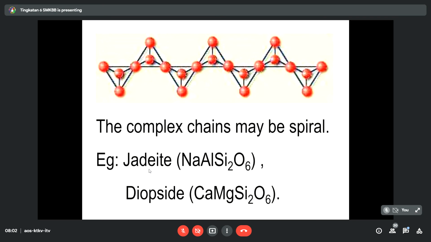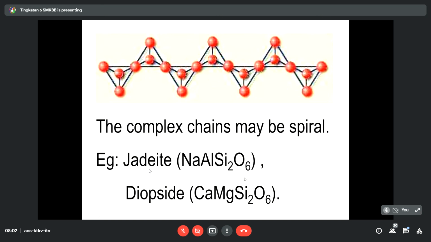So of course the examples are jadeite and diopside. And this time you look at the word JADE, you should know already, jade. It looks green in color. Contains sodium, aluminum, calcium, magnesium. Right?